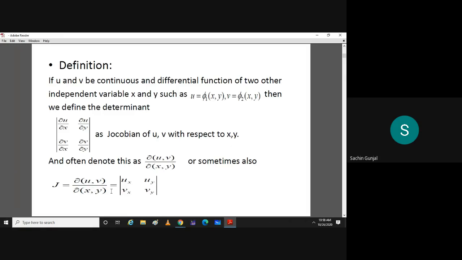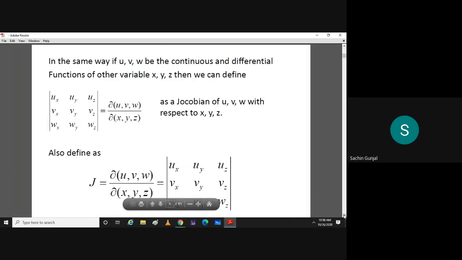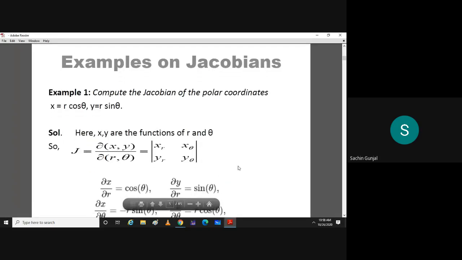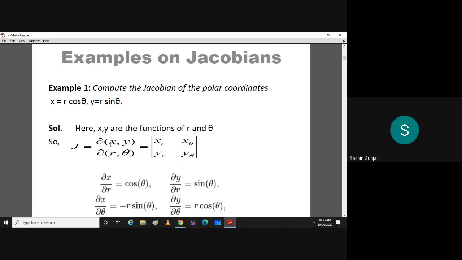Then the second row: pick up v and differentiate it with respect to x and y. That will be your second row. So here, pick up x, differentiate it with respect to r and theta, that is your first row. Then pick up y, differentiate it with respect to r and theta, that will be your second row. Is that fine?